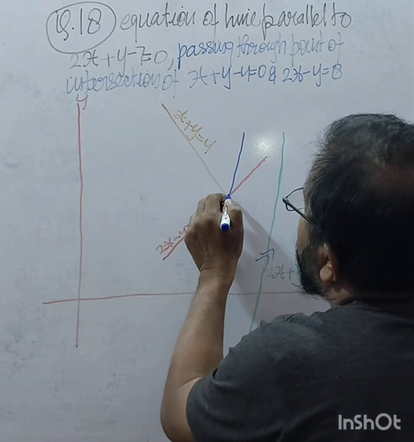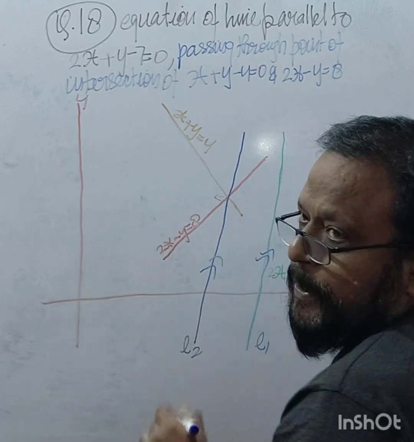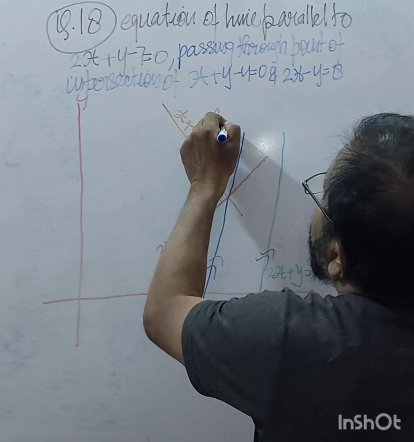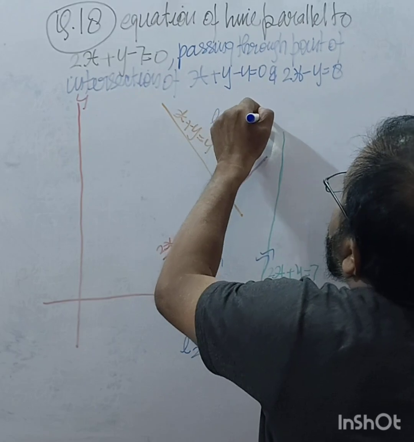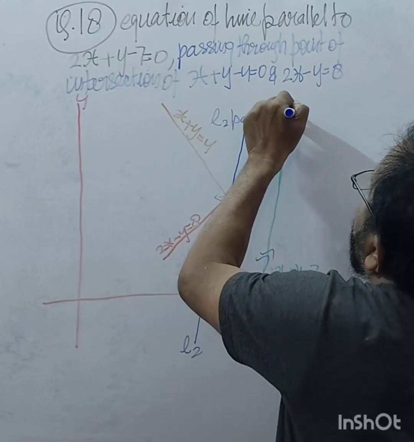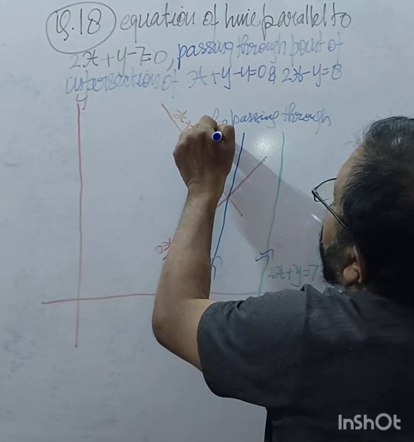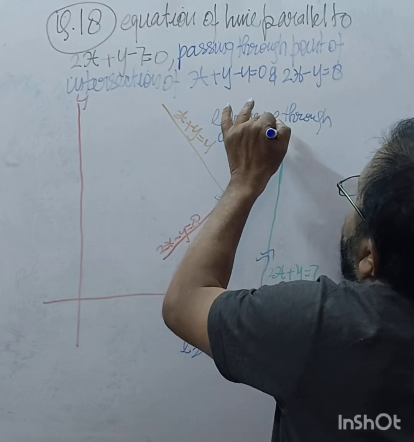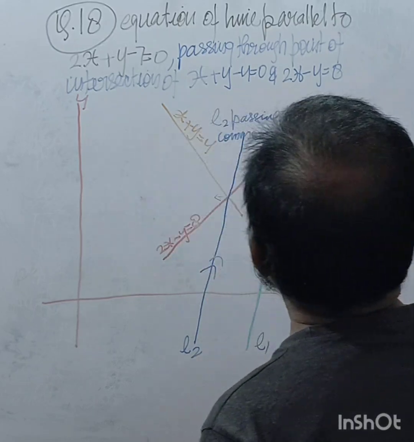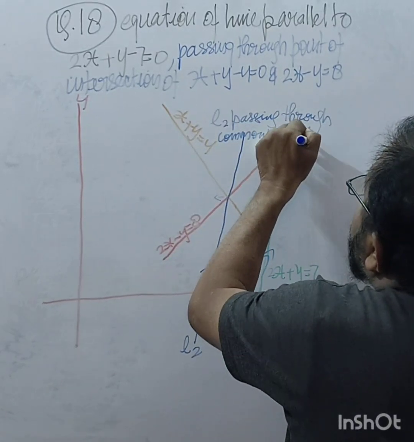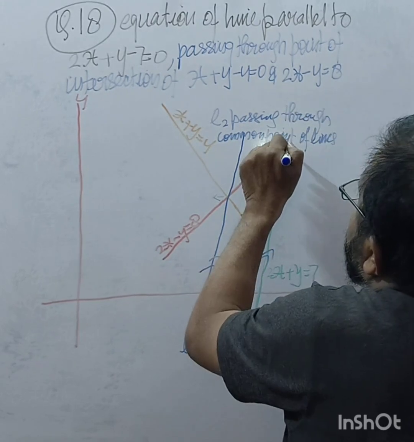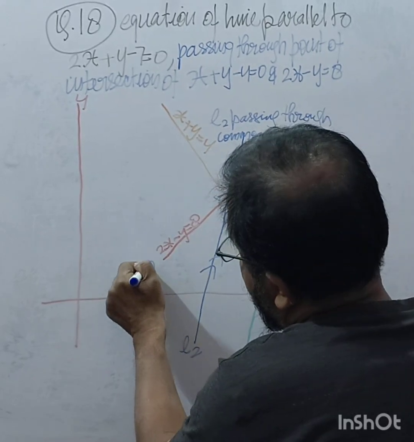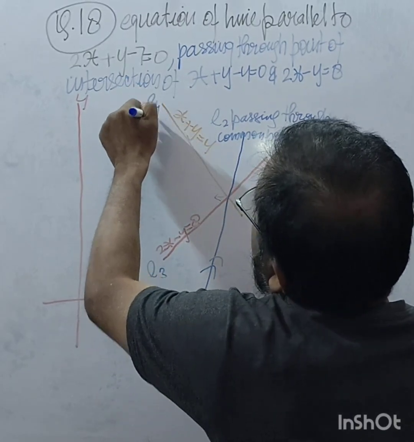And line 2 is passing through the common point of lines L3 and L4. This we say L3, this we say L4, right?